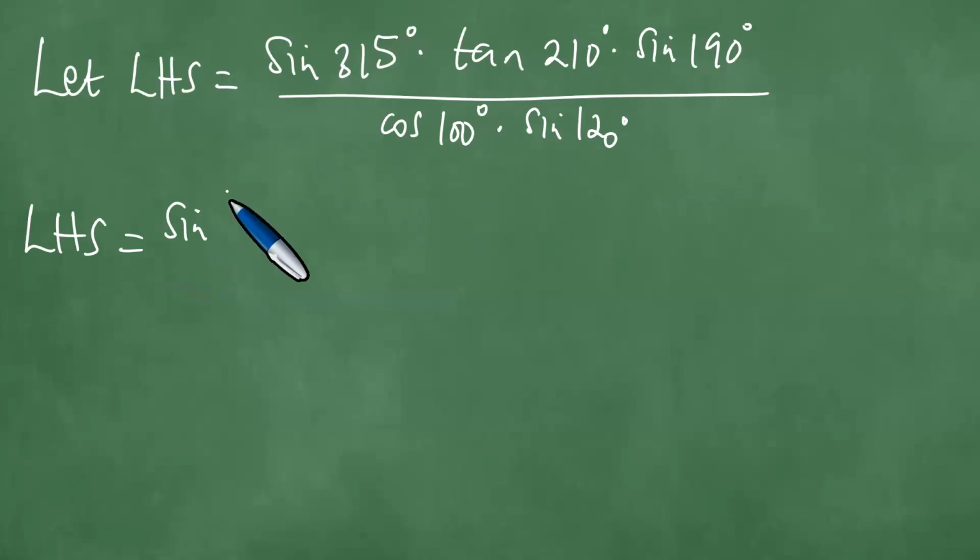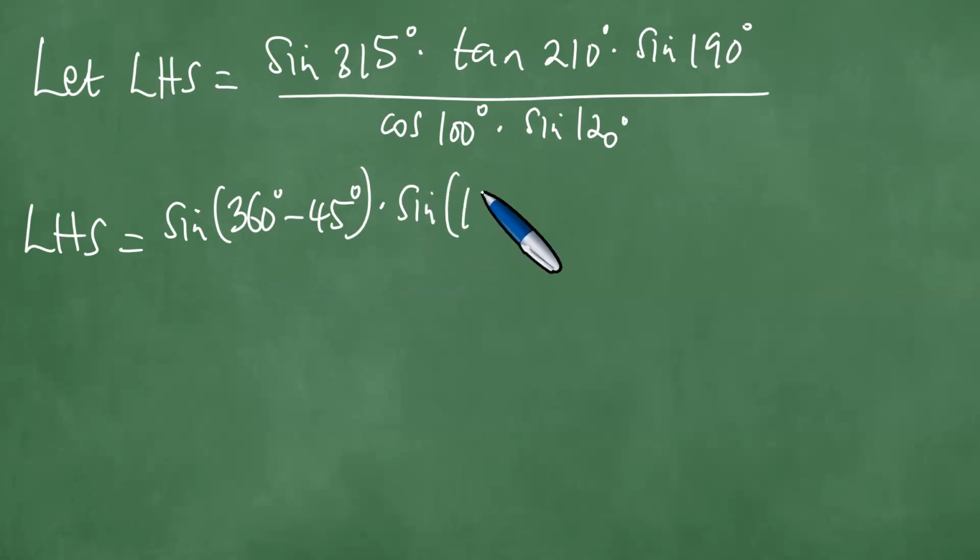So this is the sine of, 315 is 360 minus 45 degrees. And this one can be seen as the tangent of 180 degrees plus 30 degrees.